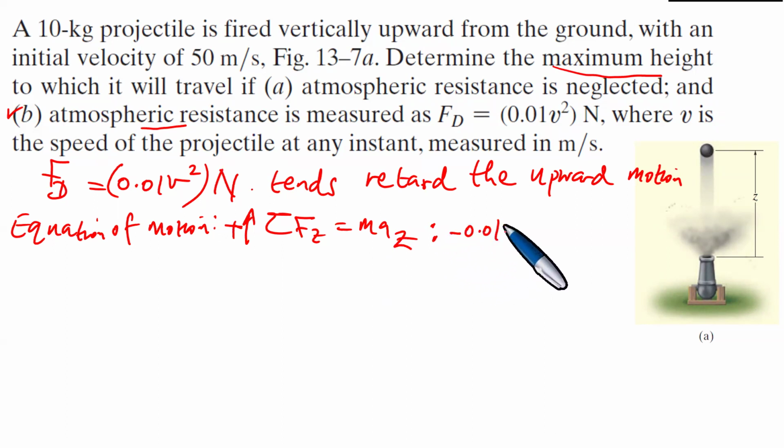Minus 0.01 v squared minus 98.1, which is 10a. Right.